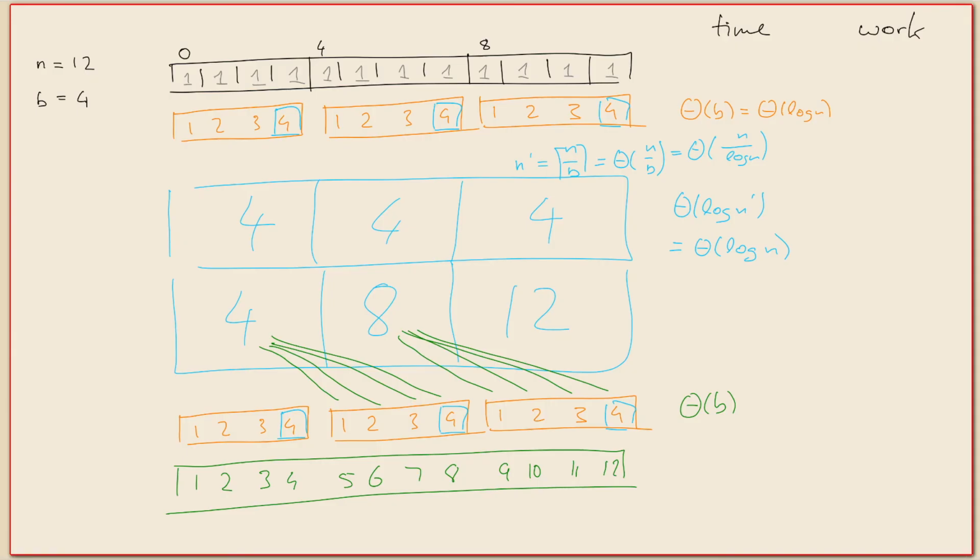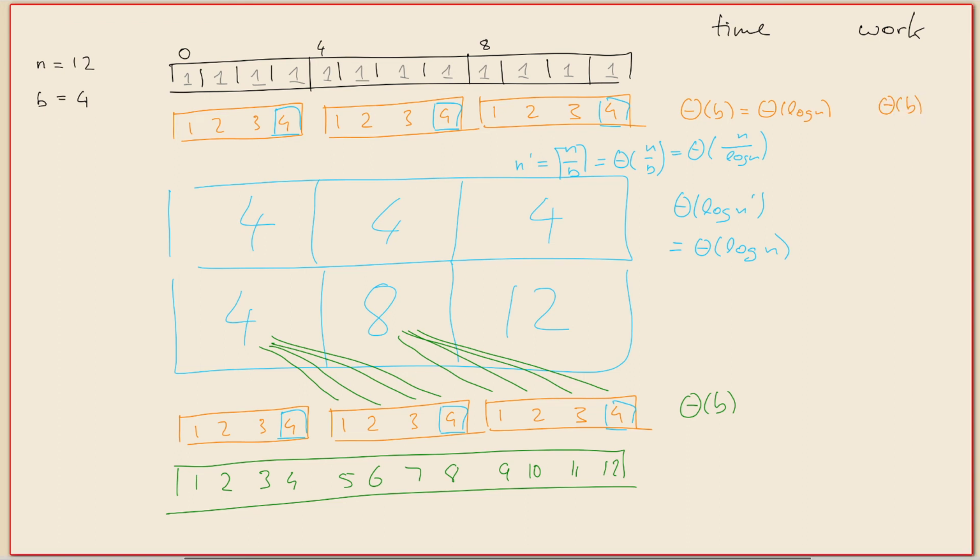Let's look at the work, because the work was where we weren't happy previously. So work for the orange part, we're using the efficient sequential algorithm, and it's effectively the same as the span in this time. Every little piece just executes on its block. So that's log n.